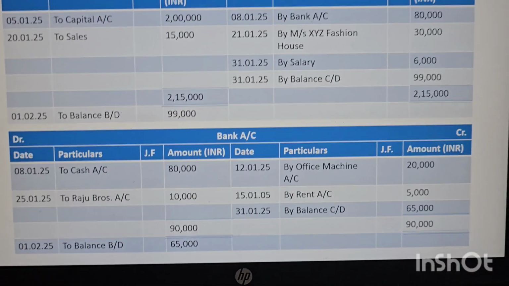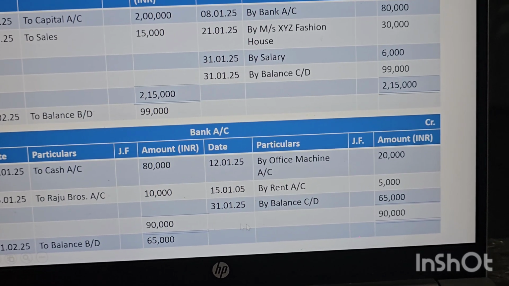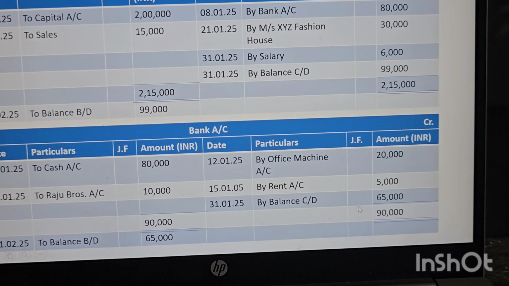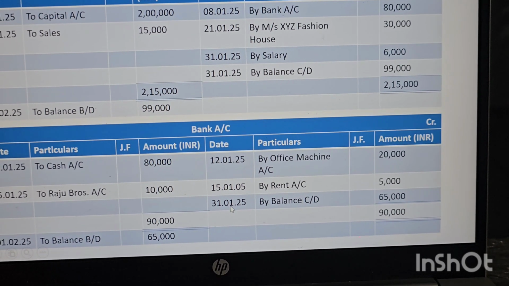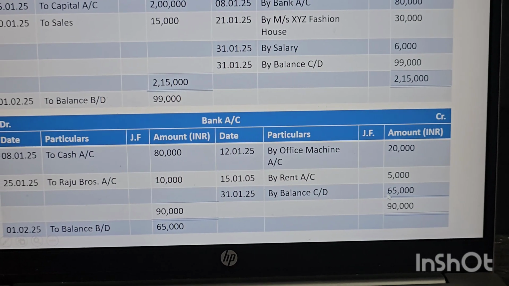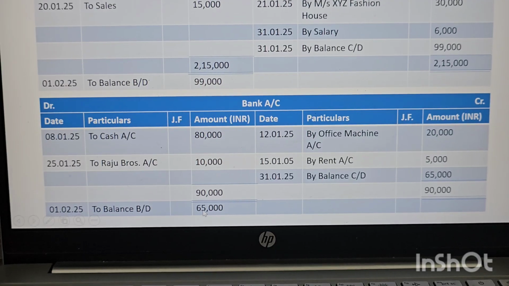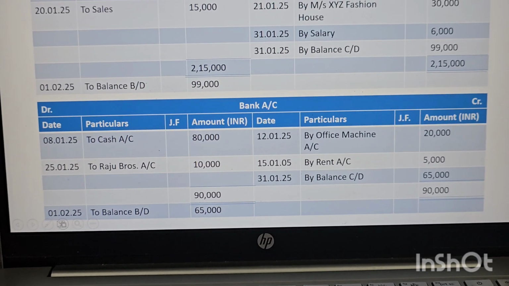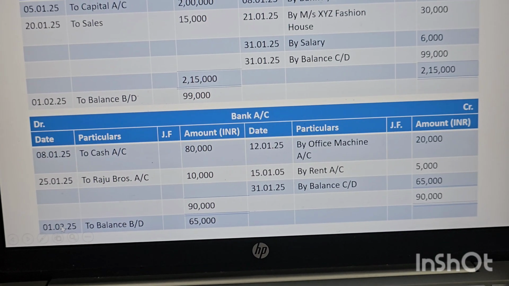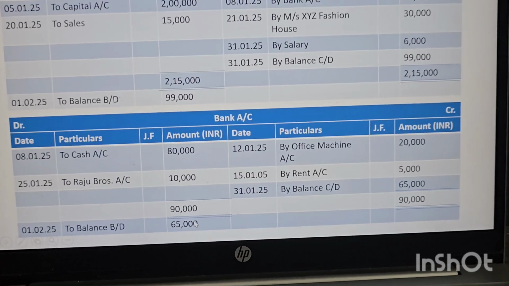The total of 90,000 has been updated as the total, and the balancing amount of 65,000 is updated on the very last date of the month as balance carried down. This amount is moved to the row just below the total as the next month's date, that is 1st of February, and the balance of 65,000 has been brought down for the bank account.